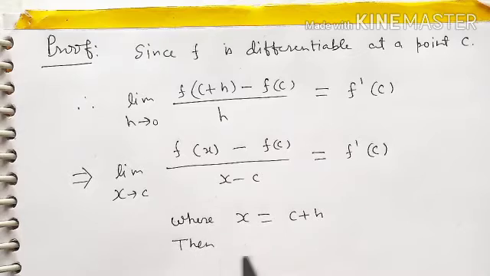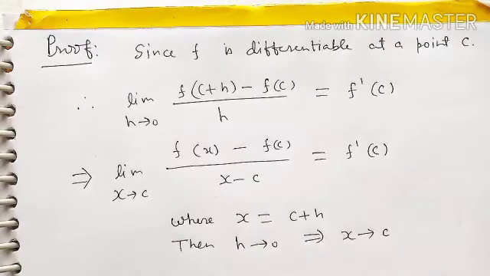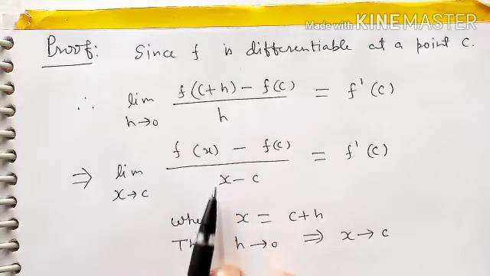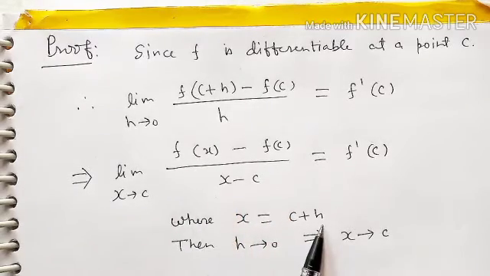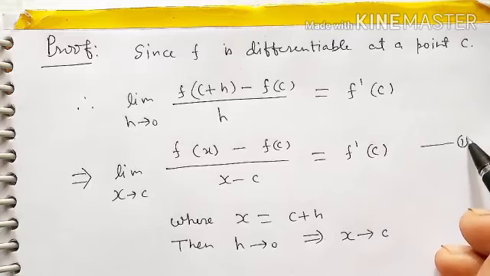Then h tends to 0 implies x tends to c. I have just replaced h, so here h is equal to x minus c. This is our equation 1.